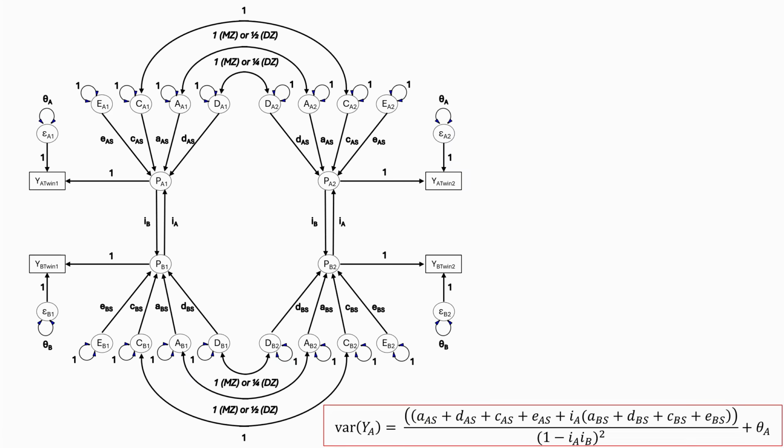In other words, what you see on the left-hand side of the diagram is repeated on the right-hand side of the diagram. And the different correlation coefficients between MZ and DZ twins don't come into calculation of the expected variances of the variables.